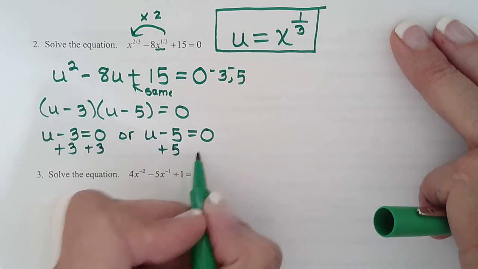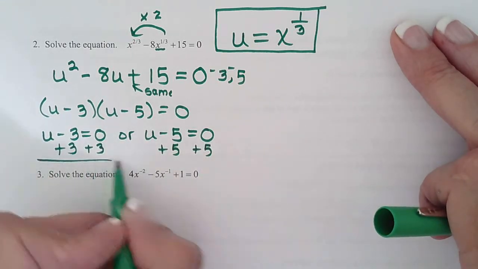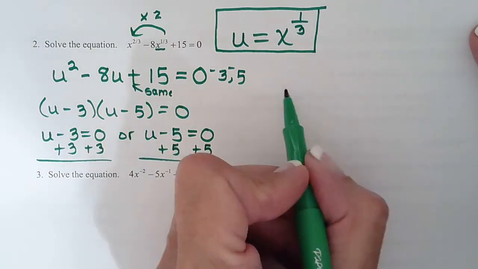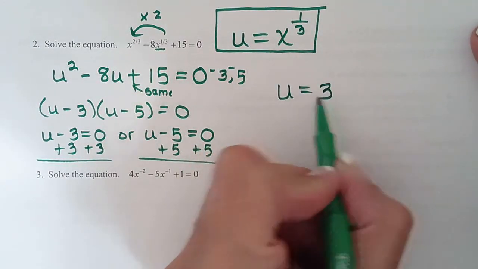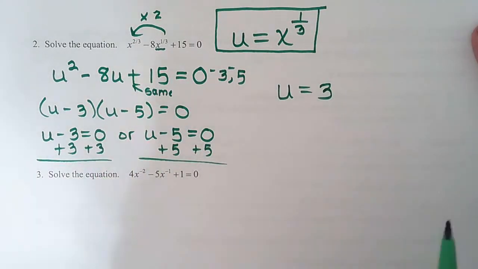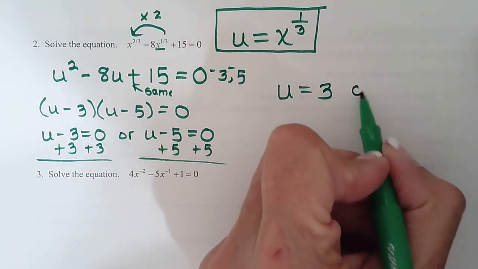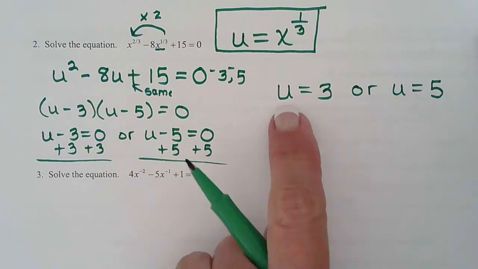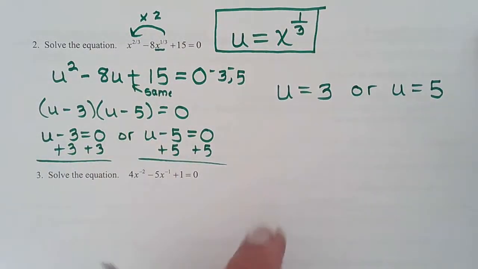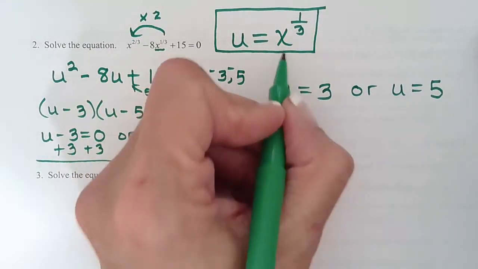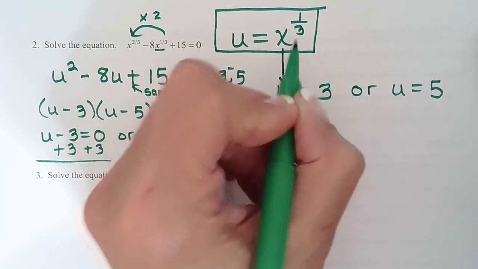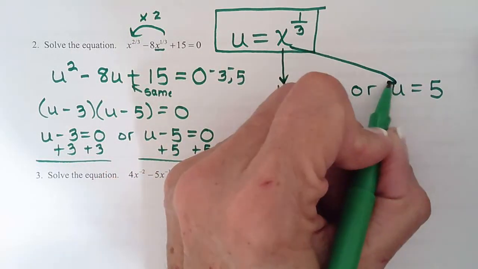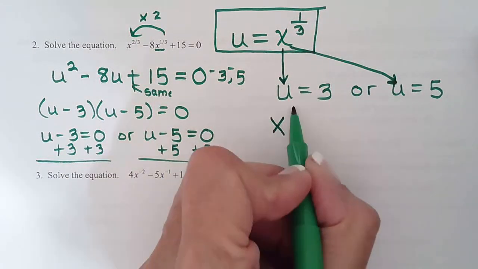Whoops, skipped a term there. So that's going to leave us with u equals 3 or u equals 5. But remember, this problem is not given in u's, it's given in x's, so now we have to plug back in. We see right there that u is x to the 1/3, so we need to plug it back in.